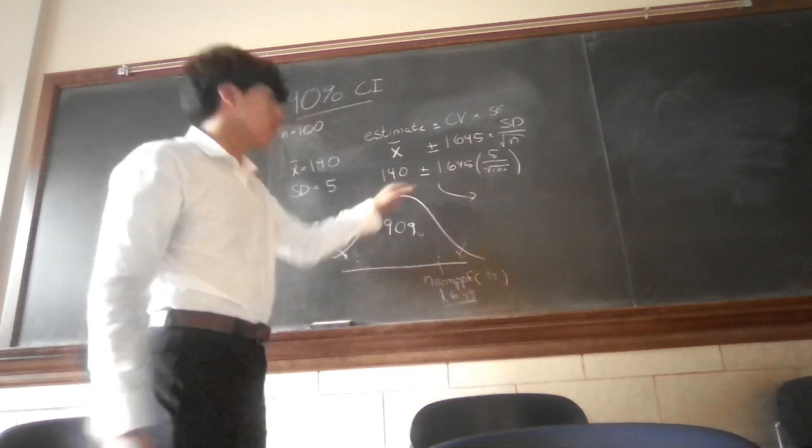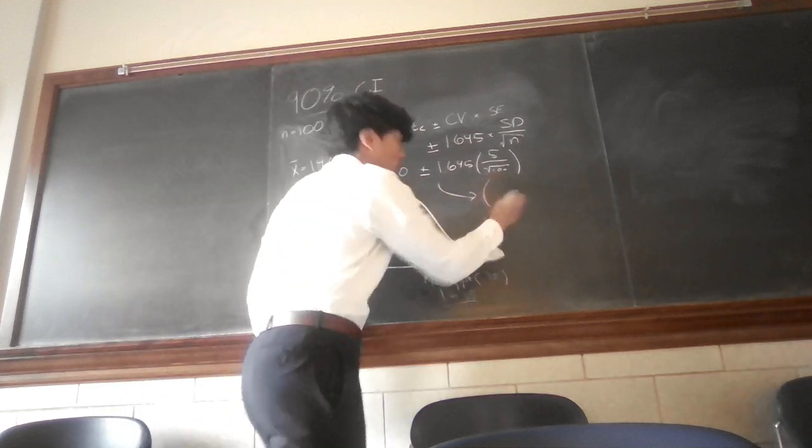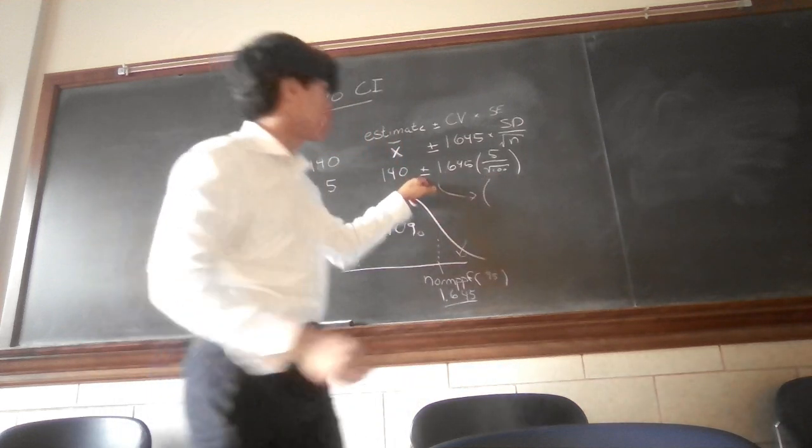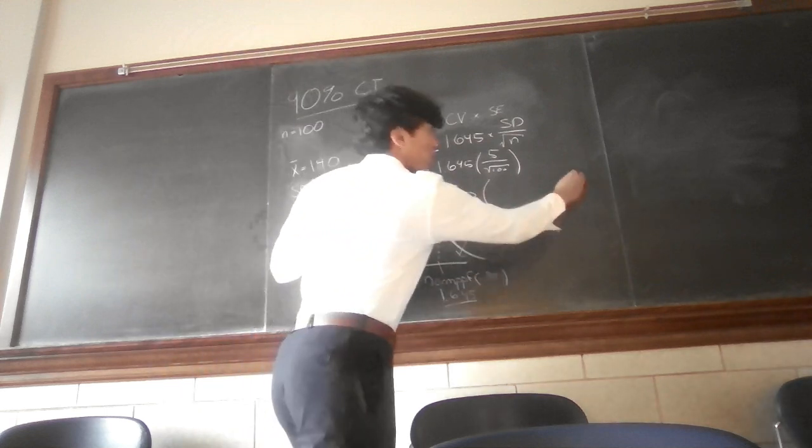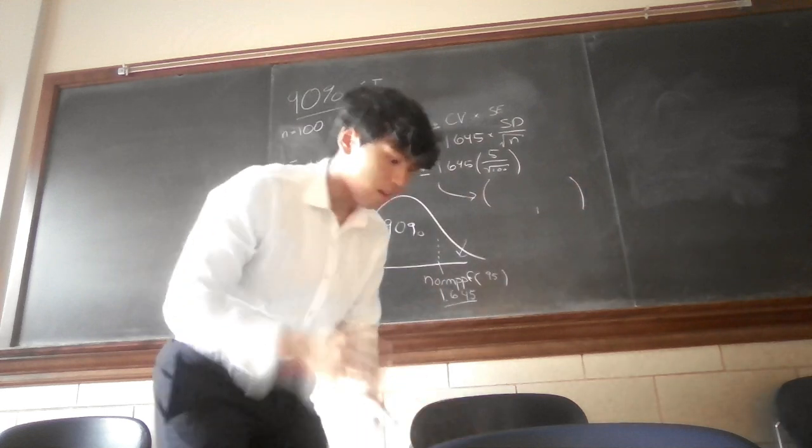And this will yield two values because of the plus minus. So we'll have our lower bound here, which is given by subtracting from 140, and the upper bound here. Calculate that real quick.